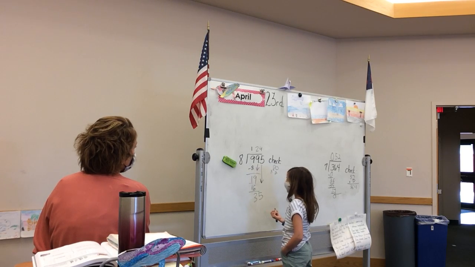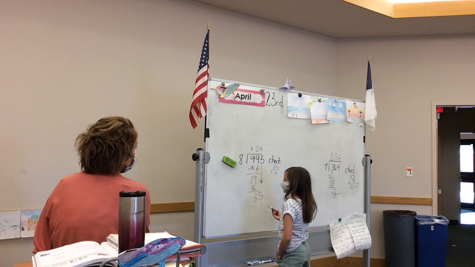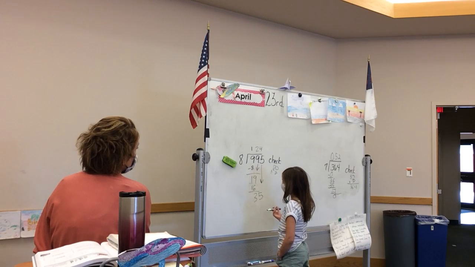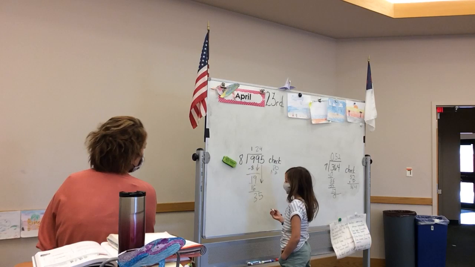Let's go from there. So 4 times 5 is what? 20. So then what is 4 times 6? 36. 24. What is 4 times 7?